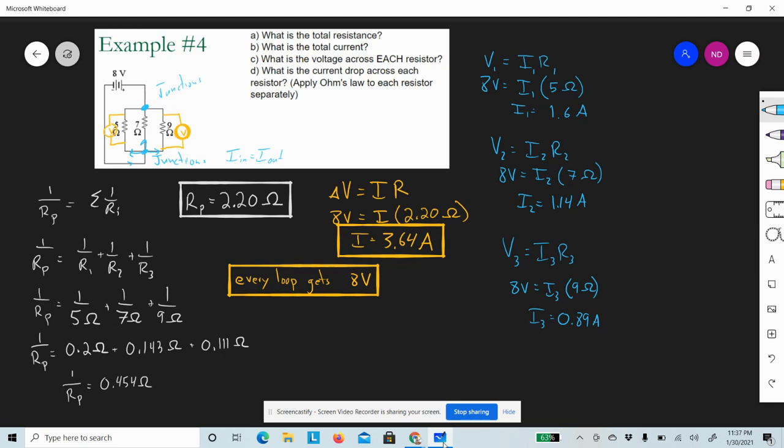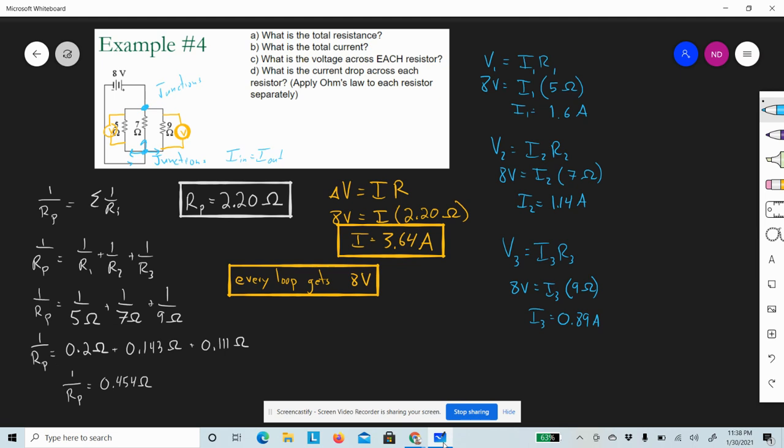Electricity is lazy. You'll hear me say in class, electricity is lazy. If there's an easier path, it takes the easier path. So more charge goes through the easier path than through the difficult path. That's pretty much everything in this problem.